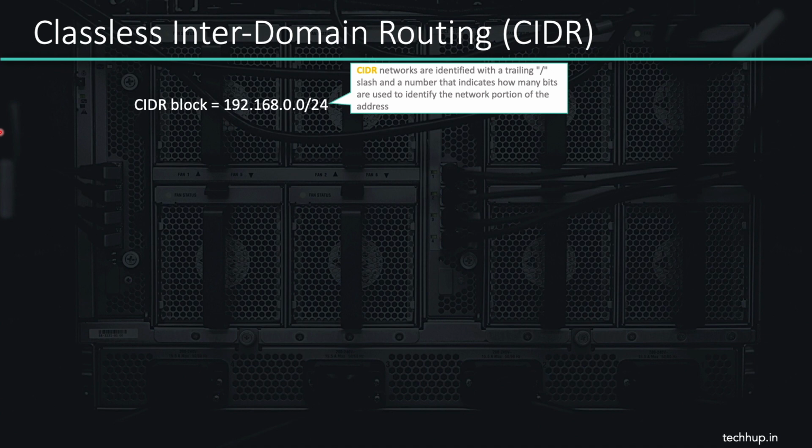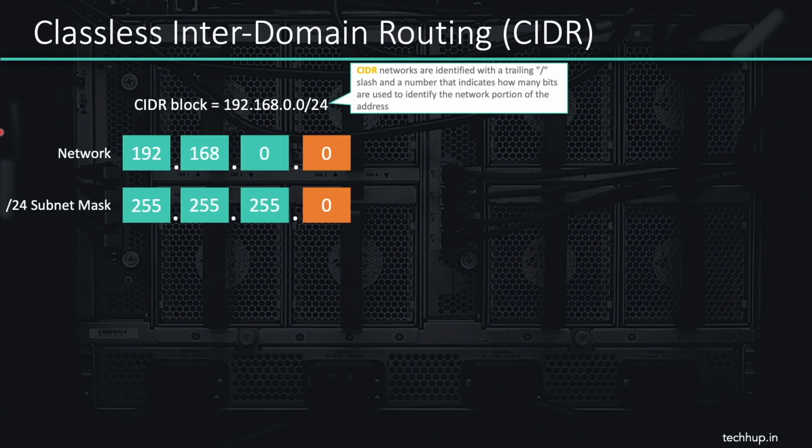So let's have a look at an example here, and we have a network ID 192.168.0.0. Let's say that we have this network here with a 24-bit subnet mask, and we have 8 host bits, and that leads to 254 possible unique IP addresses that can be attached to the hosts on this network.